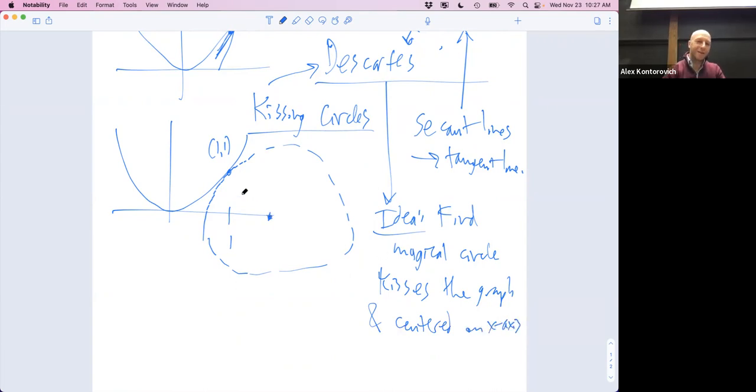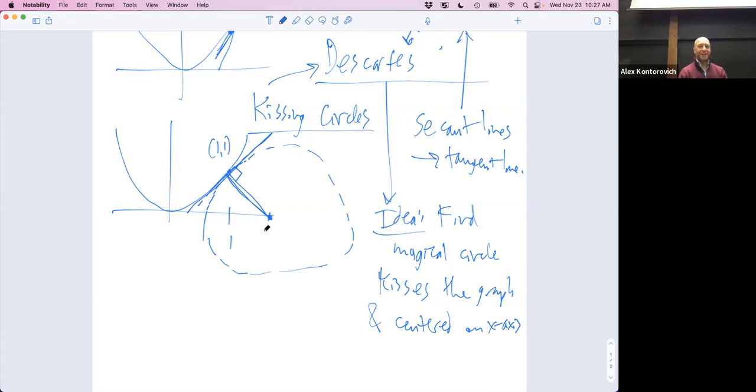So if I know this ray, then I know the tangent because it will be perpendicular to it. So his idea is to use this kissing circle to get the tangent line because they will be perpendicular.